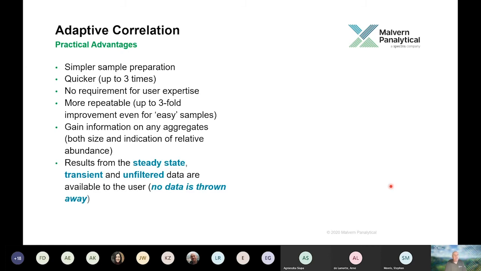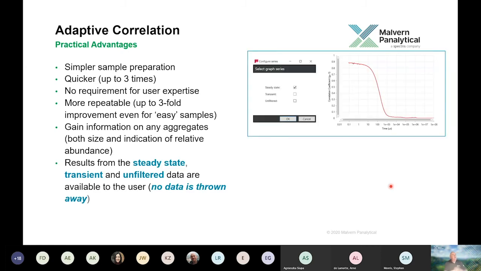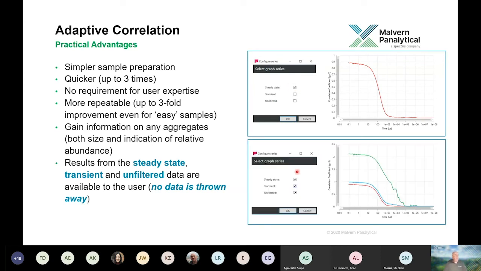And the reason we can do that is because the software allows us to either only look at the steady state data, or only the transient data, or then we can combine the whole lot together. Now you can see in this example here, the steady state data is the red line.